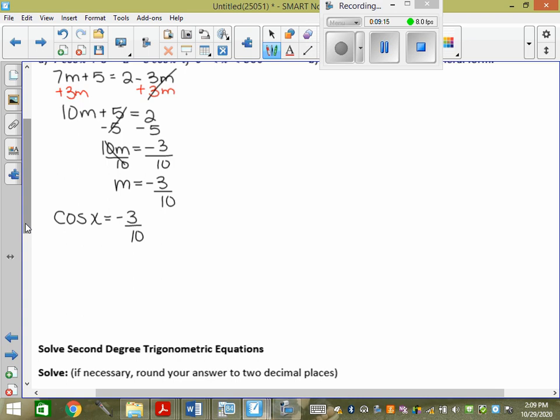If my answer is off the unit circle, I do the unit circle. If my answer is not off the unit circle, I have to do 3 steps. Reference angle, cast rule, get answers, right? Every single time. So my reference x equals cos neg 1 of 3 over 10, because I always use the positive for my reference.